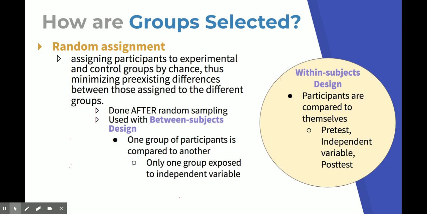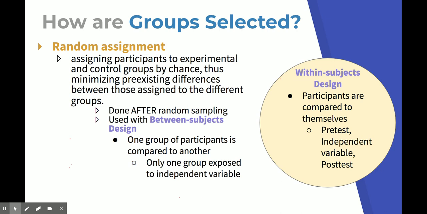So in the COVID vaccine trials, you have a group of participants. They flip a coin. If it's heads, they go into the experimental group. If it's tails, they go into the control group. The experimental group gets the actual vaccine. The control group gets a placebo, a fake. That's between subjects design. There is another type called within subjects design, where participants are compared to themselves.